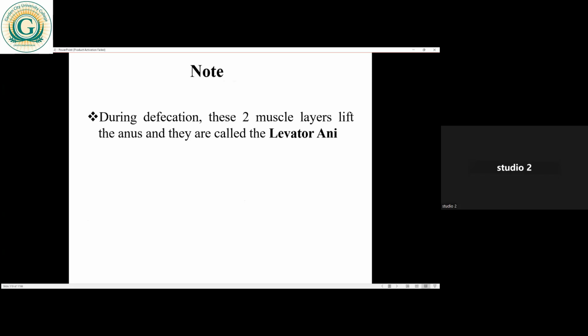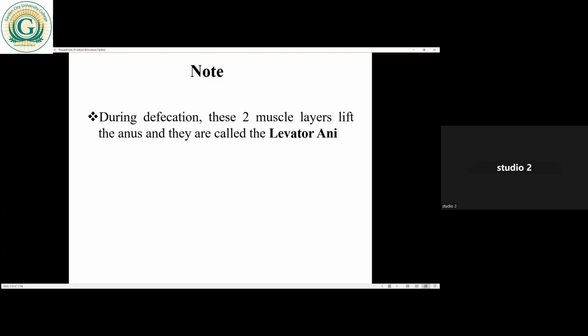Note, during defecation, these two muscle layers lift the anus, ilio and pubo, and they are called levator ani. When you feel like going to nature's call and you don't want to do it, you use these muscles to prevent the content of the rectum from coming down.